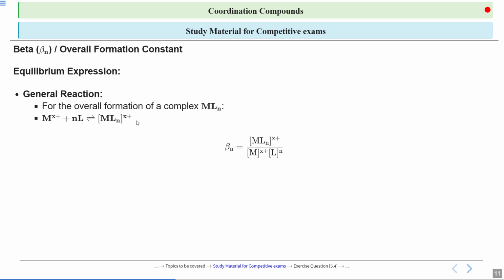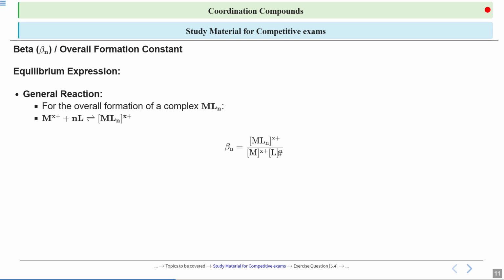And for this general reaction, for the overall formation of complex MLn, the overall formation constant, beta n, will be equal to, similarly, product upon reactant. The product is our MLn, so MLn to the power x positive, divided by the reactants. The reactant is M to the power x positive, and the other reactant is L, the ligand.